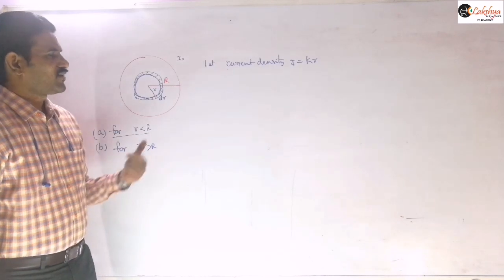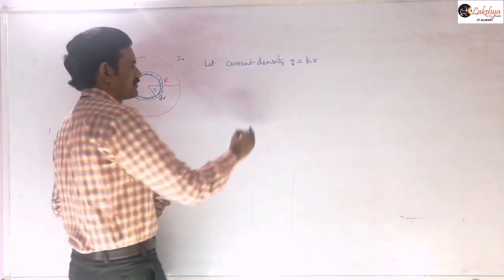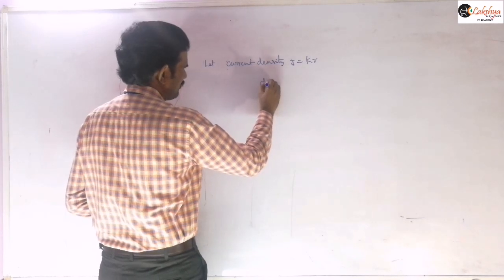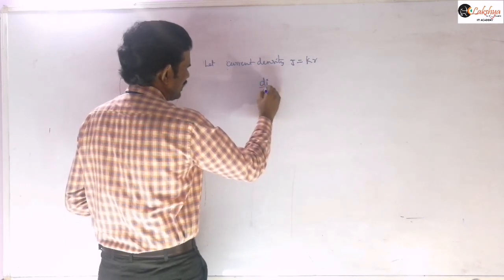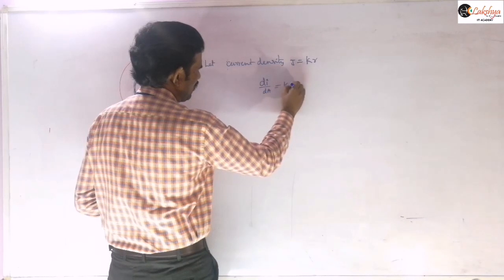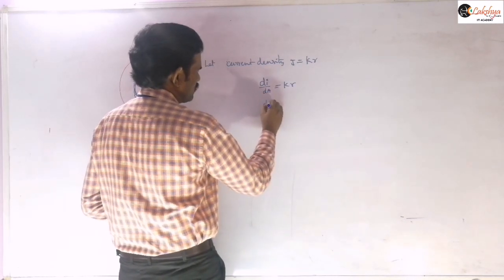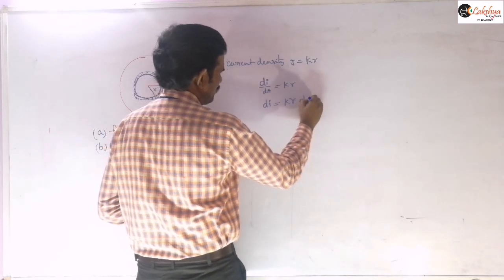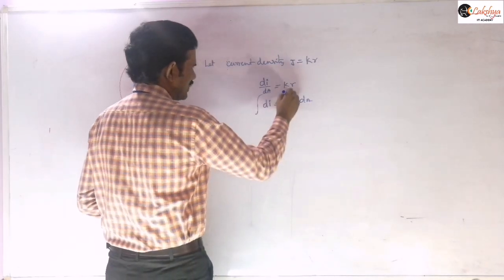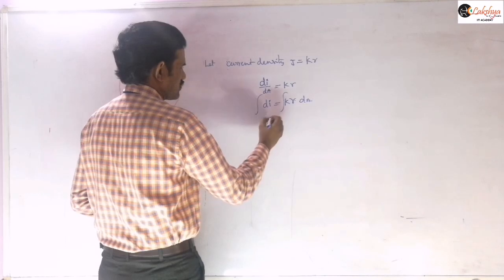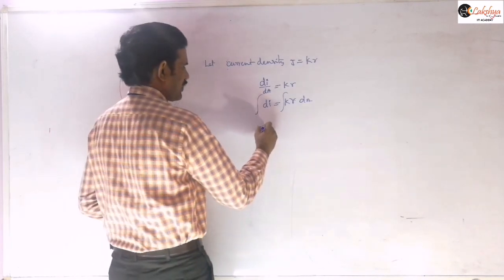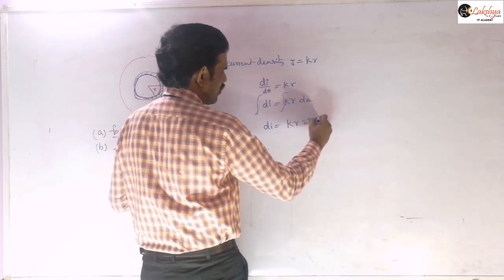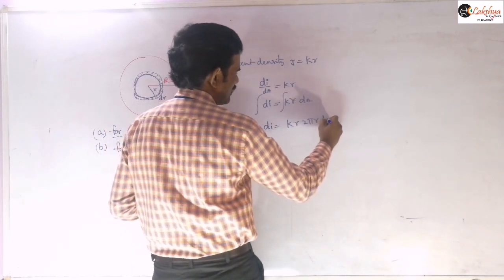So now di by dA is equal to K into r. So di is equal to K into r into dA, and then you can take integration here. So di is equal to K into r into, for the small element, the area 2 pi r dr.